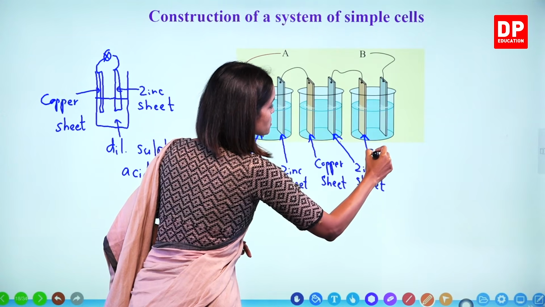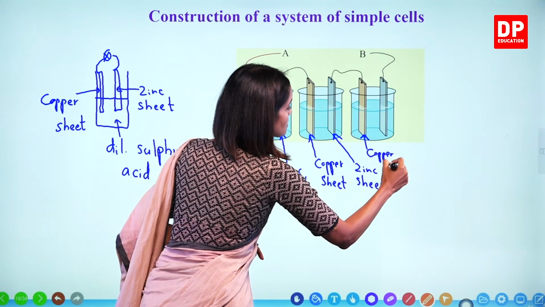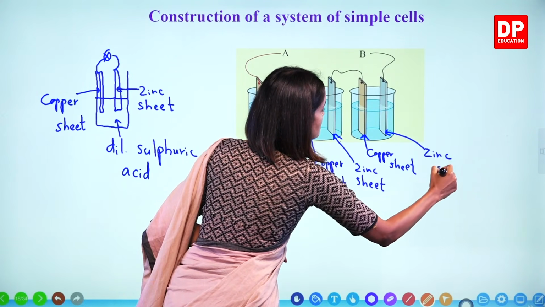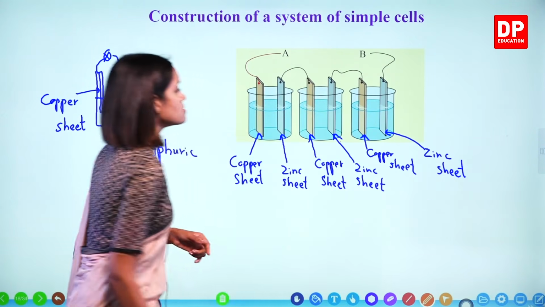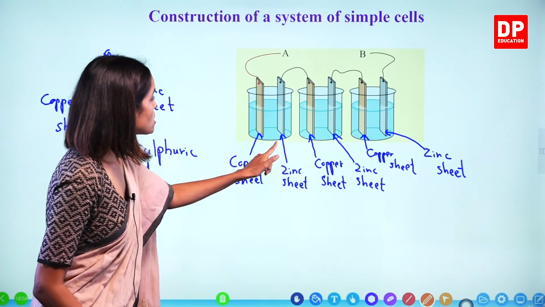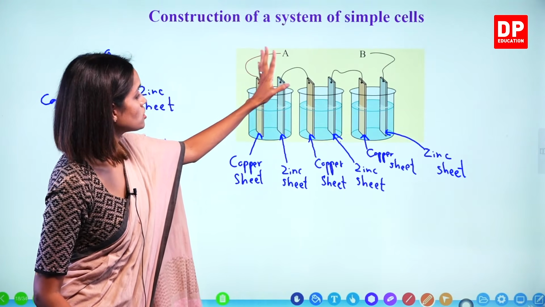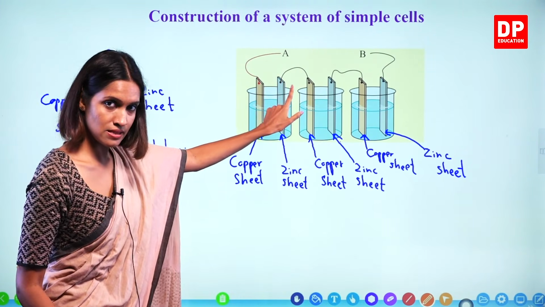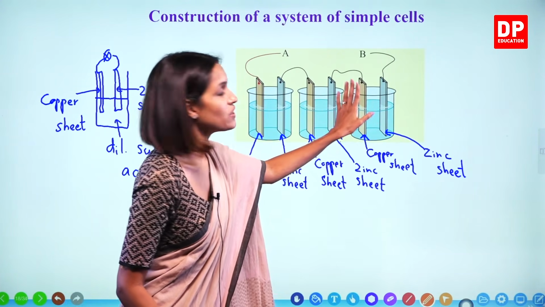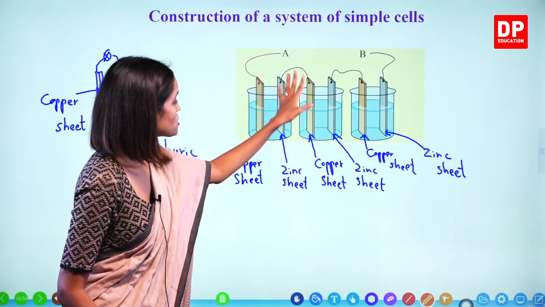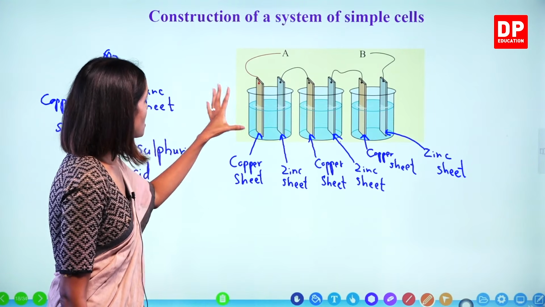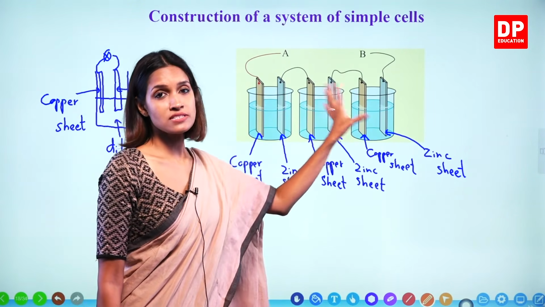And this is the copper sheet and this is the zinc sheet. So what is the way it is connected? Look at this one. Zinc sheet of the first cell is connected to the copper sheet of the second cell. And the zinc sheet of the second cell is connected to the copper sheet of the third cell. So copper and zinc sheets are connected each time. Okay. So this is a setup constructed by 3 different simple cells.